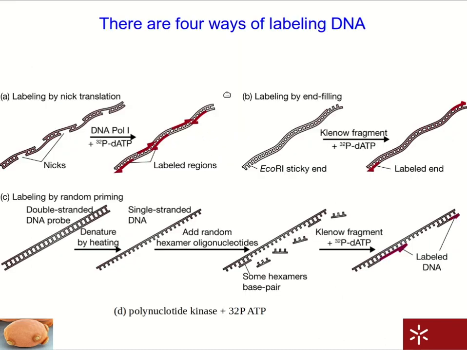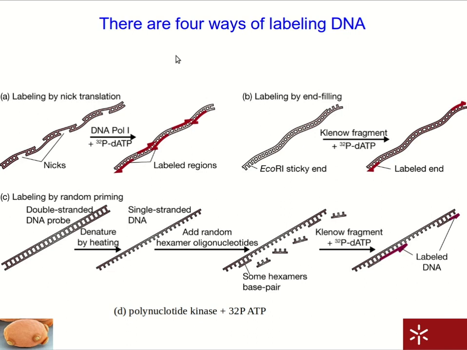DNA is commonly labeled radioactively by one out of 4 common methods. The first 3 methods are shown here, A, B, and C. They all rely on a mixture of DNA polymerase and radioactively labeled nucleotides.